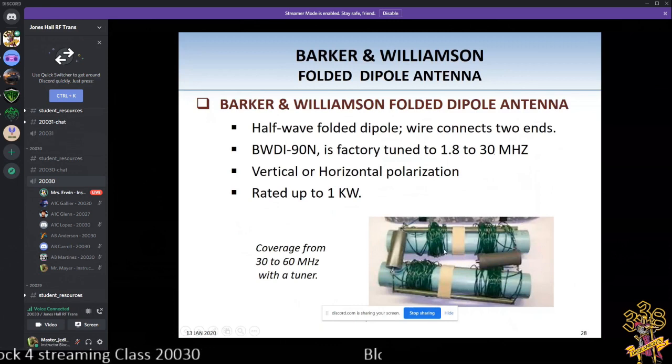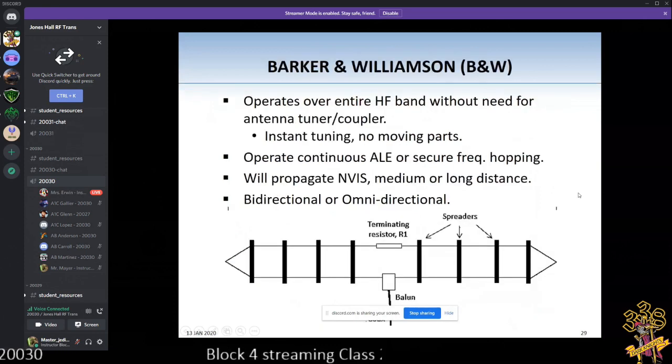Now the one we have is factory tuned to operate from 1.8 to 30 megahertz. You can put it up so it's either vertically or horizontally polarized, and it is rated up to 1 kW. Now, as we just saw, the frequency band goes all the way down to 1.8, so it'll operate from 1.8 to 30 megahertz without a tuner.